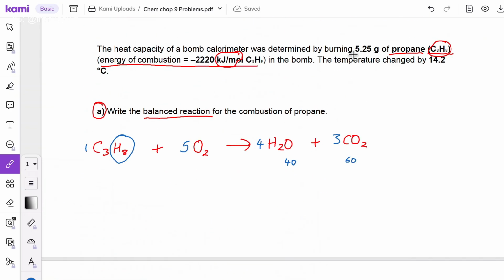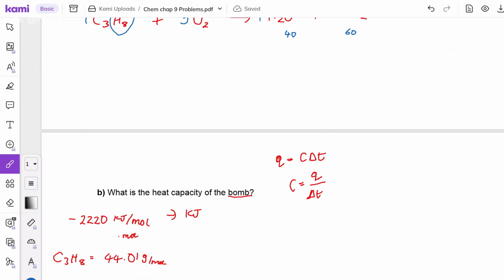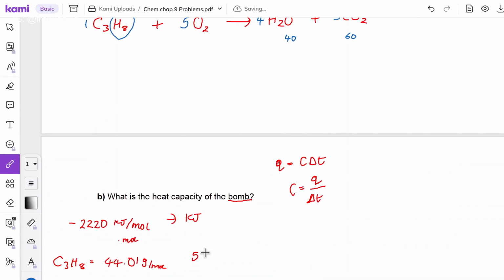And now they give us a certain amount of grams. They gave us 5.25 grams. This is basically stoichiometry that you can learn in Chem 2A, how to convert from moles to grams using the molar mass. So we write out 5.25 grams, and we're trying to find the moles, so we put the moles on top: times 1 mole over 44.01 grams.